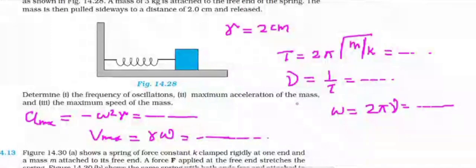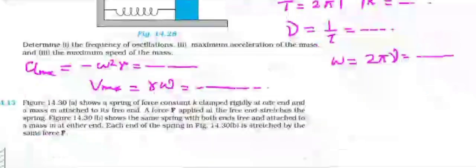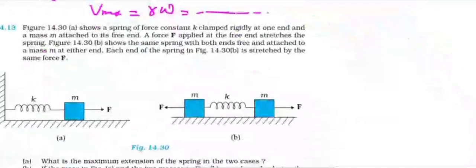Next, question 30. Figure shows a spring of force constant K clamped rigidly at one end and a mass M attached to its free end. A force F applied at the free end stretches the spring.